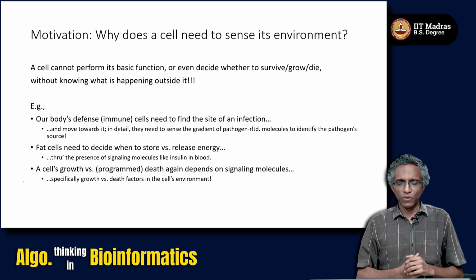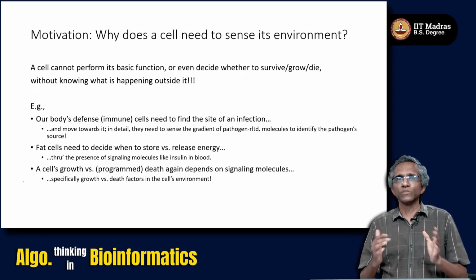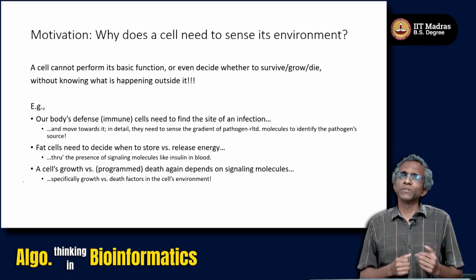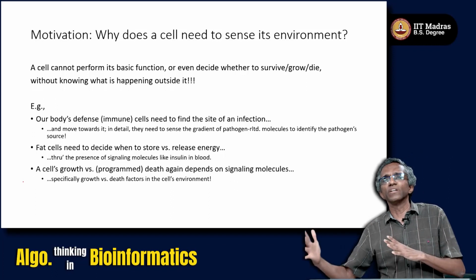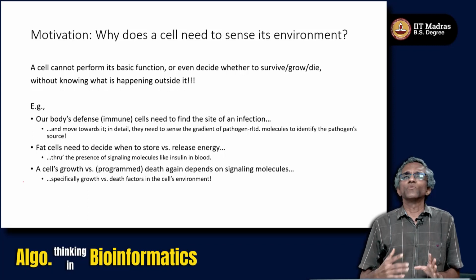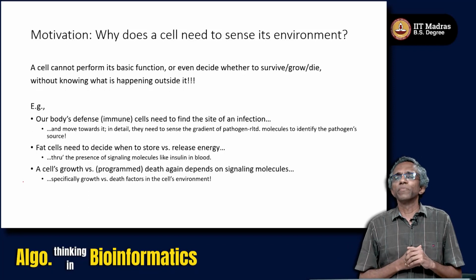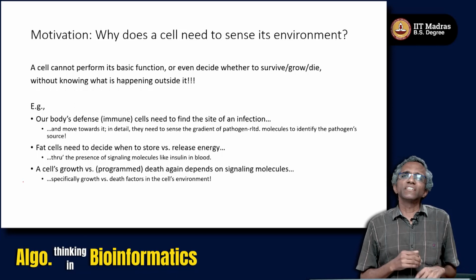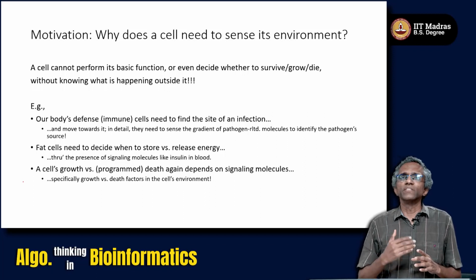So, in this case, the body's defense cells cannot perform their basic function if they do not know what is outside. There are some other examples, like fat cells and cells that are deciding whether to grow or die. They also need to be aware of what is happening outside the cell's membrane. A fat cell needs to decide whether to store energy or release energy.